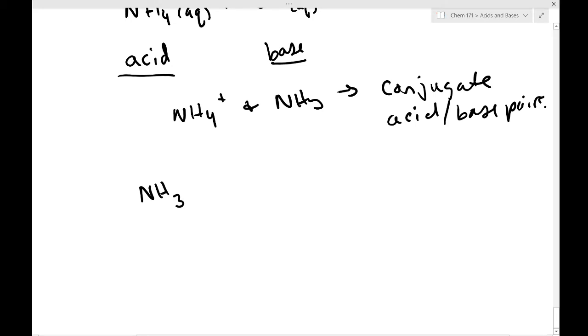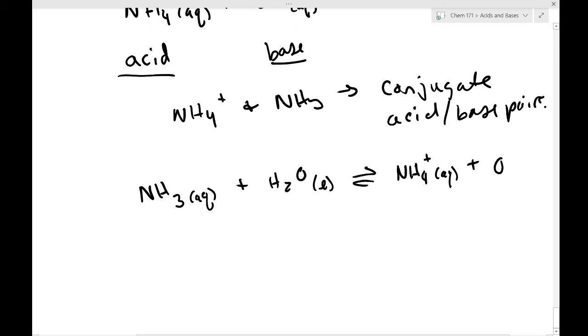Let's write it out for the ammonia reaction. So we have ammonia aqueous reacting with H2O liquid to produce ammonium and OH minus. On this side, we have the base, because the base is accepting the proton, and this is the acid, the thing that's donating the proton.